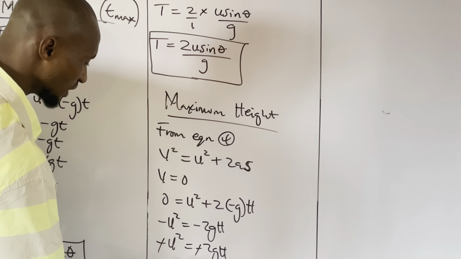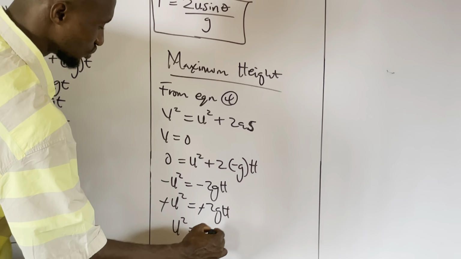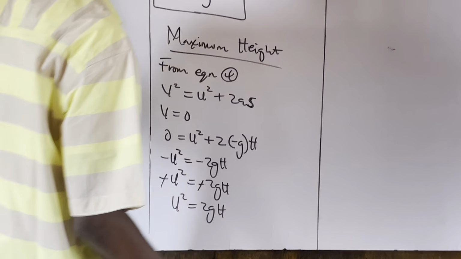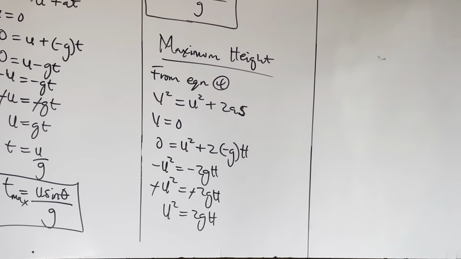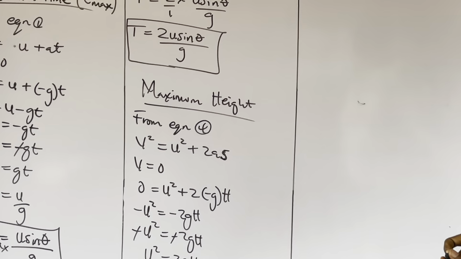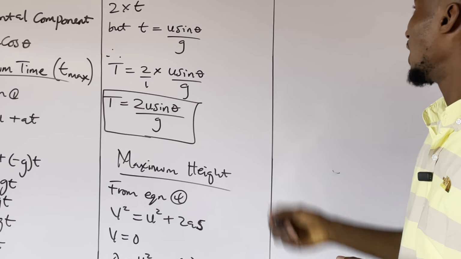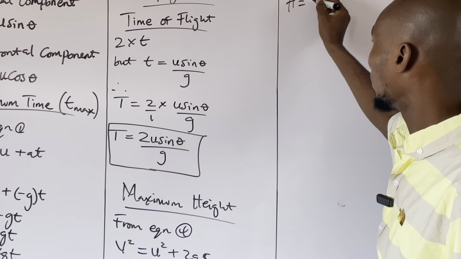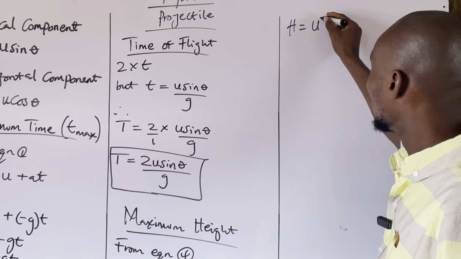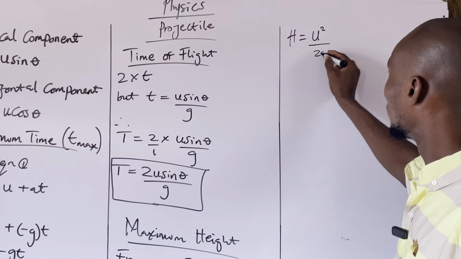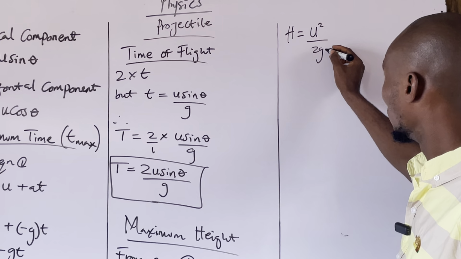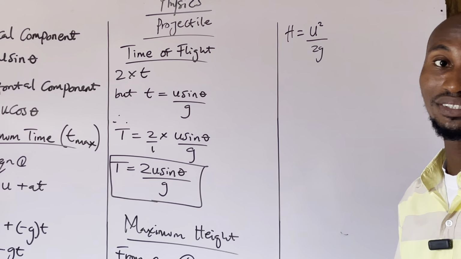The minus will cancel out. We have u squared is equal to 2gh. So over here, we are going to make h the subject of the formula. How? We say h is equal to u squared over 2g. Is that correct? Yes.